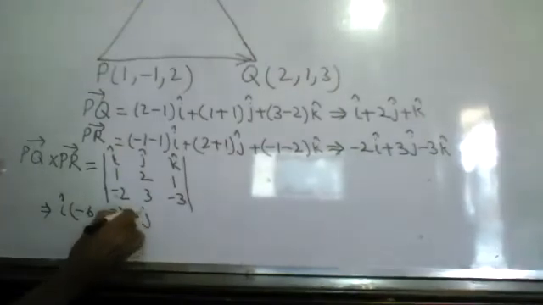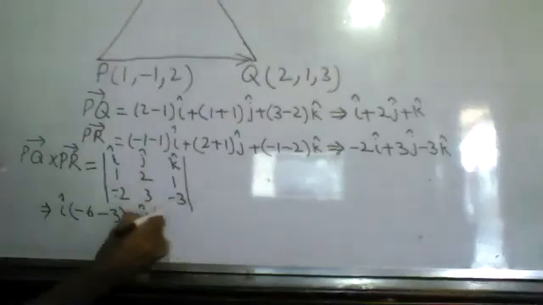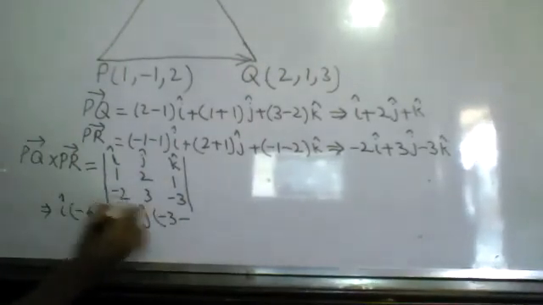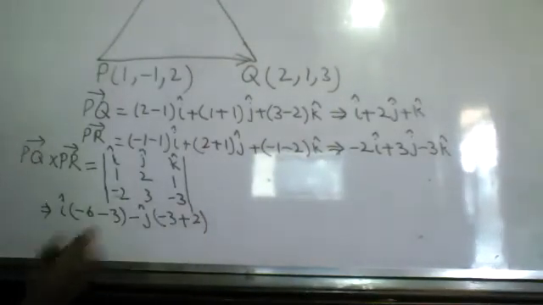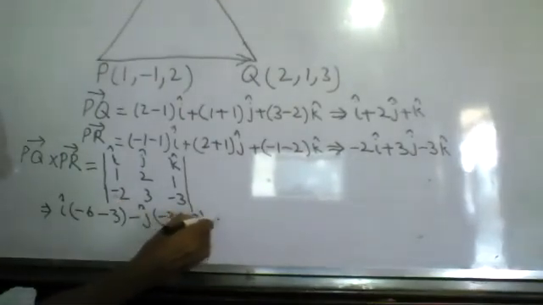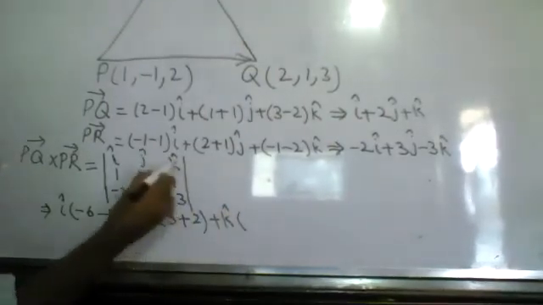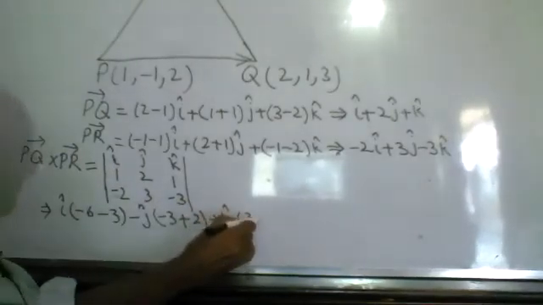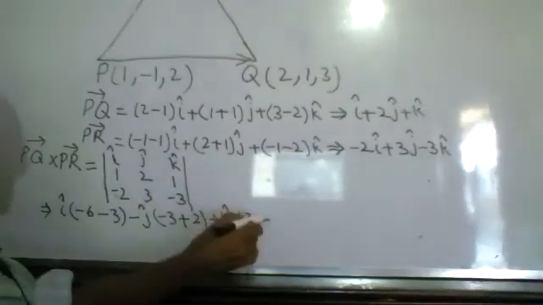Minus J. We will leave this column and this row. 1 into -3 will be -3, minus 1 into -2 will be +2. Plus K. Leave this column, leave this row. 1 into 3 will be 3, minus 2 into -2 will be -4, minus minus plus 4.